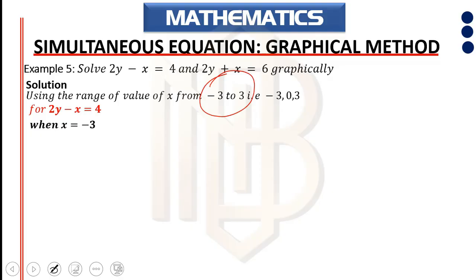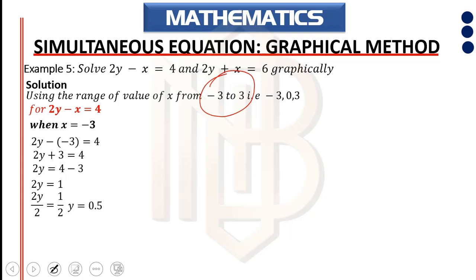So when x is equal to -3, of course, you put -3 in the equation, and you have the respective value of y, which is going to give us y equals 0.5. So we have a point. When x is equal to -3, our y is 0.5.